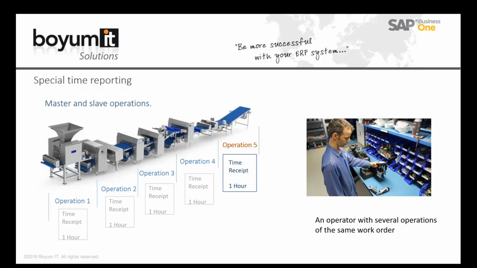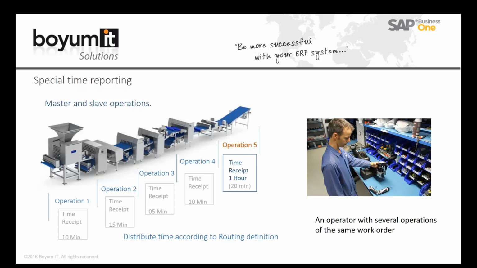This is one option. Another option is that the system distributes our 1 hour in percentage according to the routing definition. So depending on the time that we provide in each operation, the system is going to distribute this time.